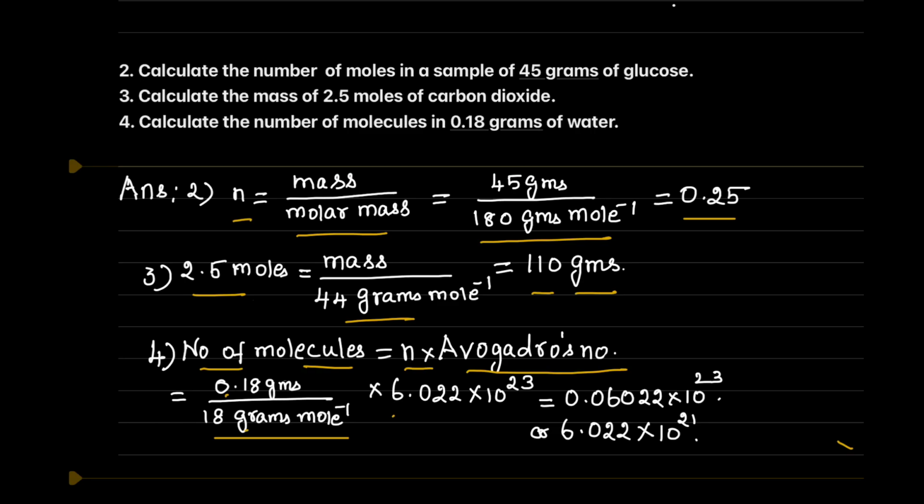We get the answer 0.06022 into 10 raised to the power of 23, which can also be written as 6.022 into 10 to the power of 21. Therefore, the number of molecules is 6.022 into 10 raised to the power of 21.